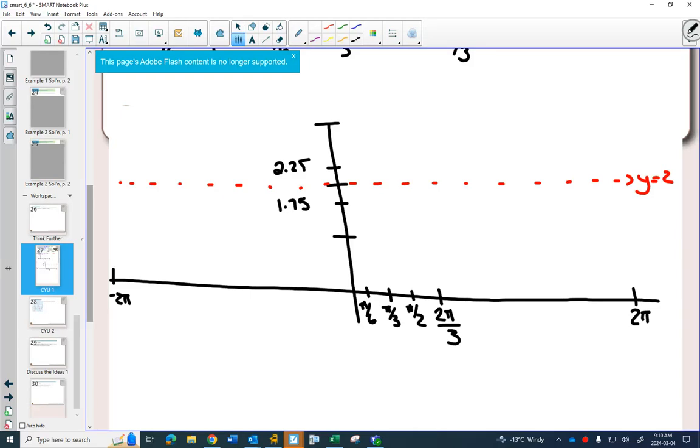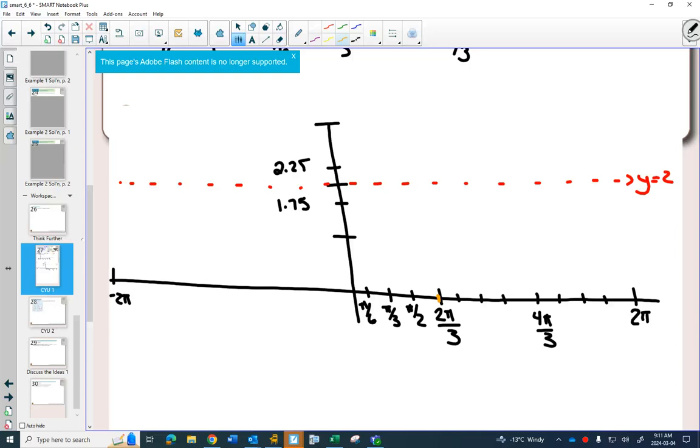And I'm going to put a little orange line there, because technically that was one period. If I did that again, that would get me to 4 pi over 3. And I'd have to split this into 4 equal sections, and then this into 4 equal sections.